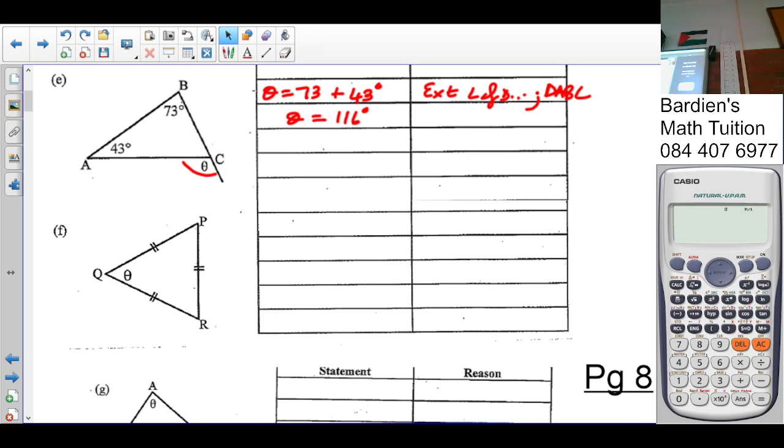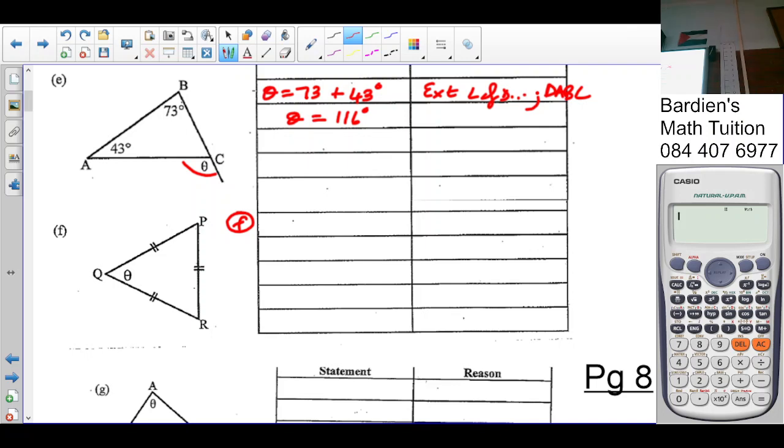Okay, so you all okay with that? Right. We're looking at this one. So what can we say about it? If all the sides are equal, which means all the angles are equal.